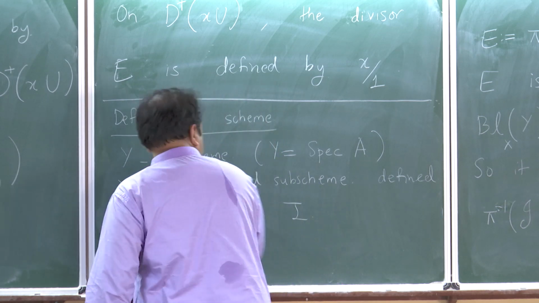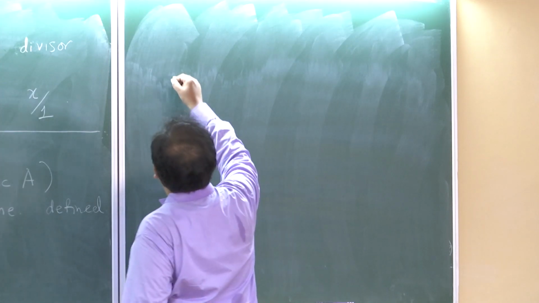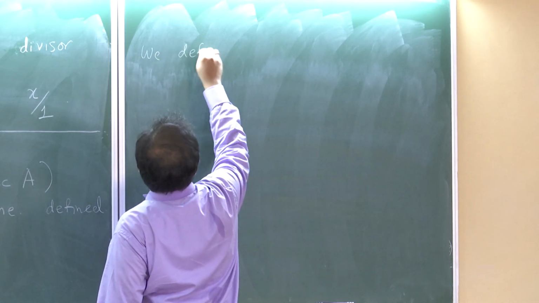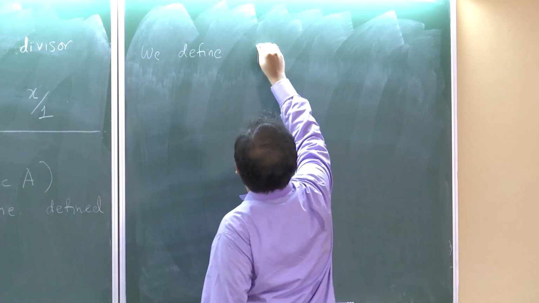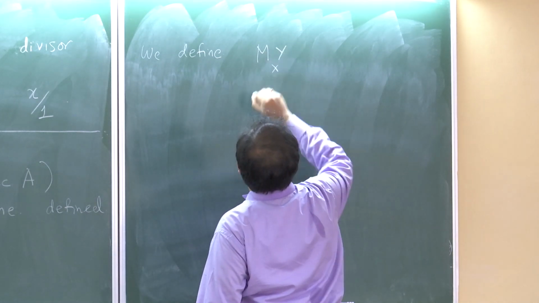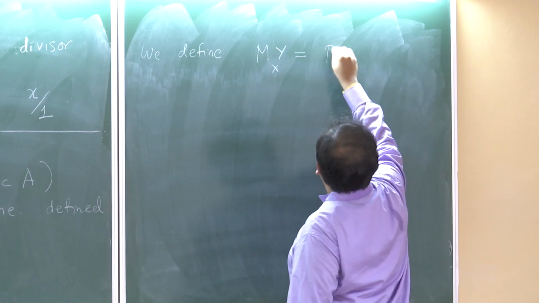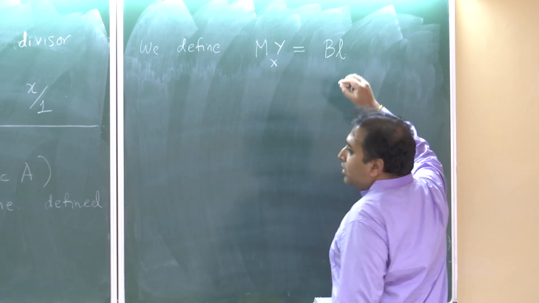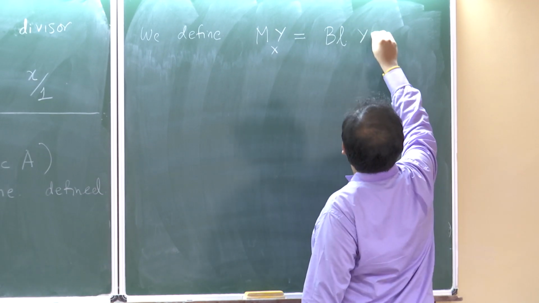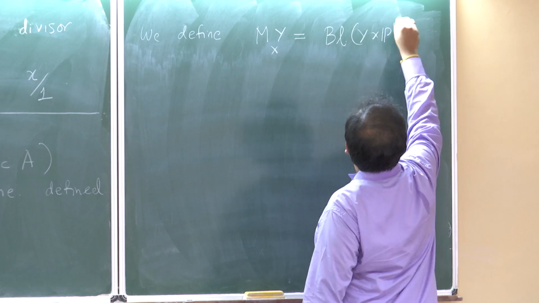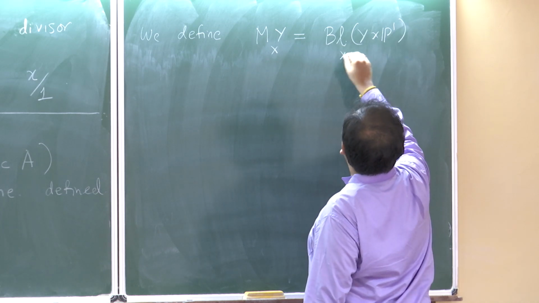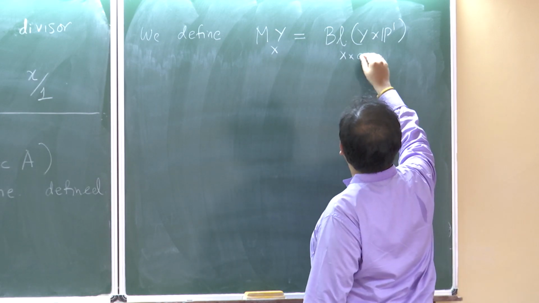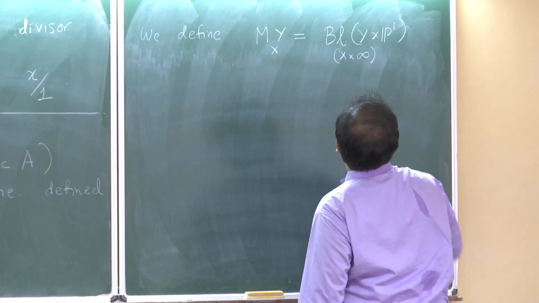So then what we do is we define M_X Y to be the blow up of Y cross P1 at X cross, well, you could write X cross 0, but Fulton is doing X cross infinity, so I will do that.